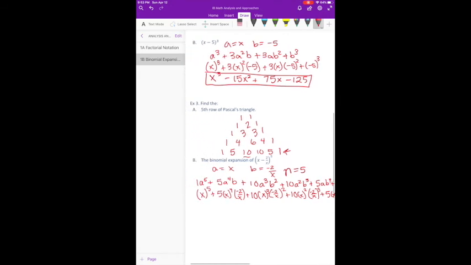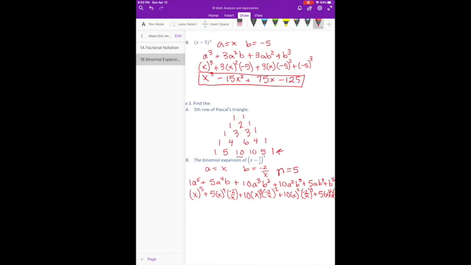All right, I'm going to simplify each of those. So x to the fifth is just x to the fifth. Okay, so we've got 5 times x to the fourth times -2. Well, 5 times -2 is -10. And you have x to the fourth over x. That x stays on the bottom. I'm going to simplify that in a little bit. Okay, so then the next one we have 10 times x to the third. And then we have -2 to the second, which is going to be +4.